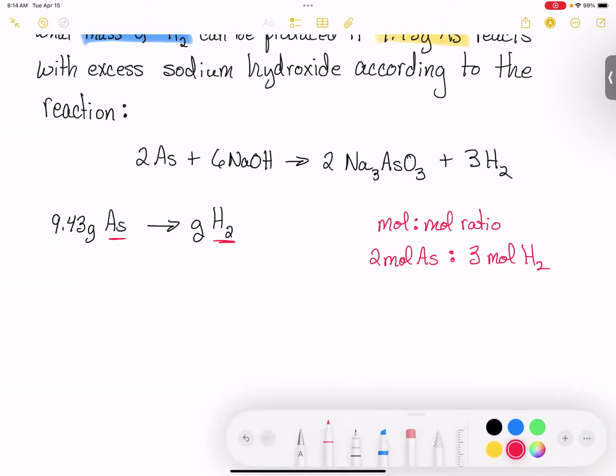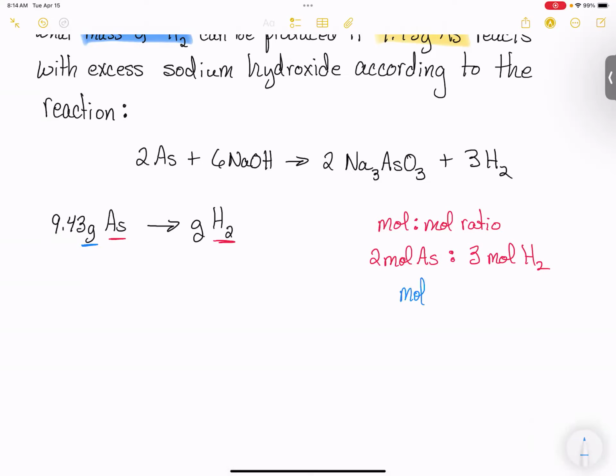The next thing I'm looking at is I have mass. Anytime I have mass, it means I'm going to need the molar mass. So we look up the molar mass of arsenic.